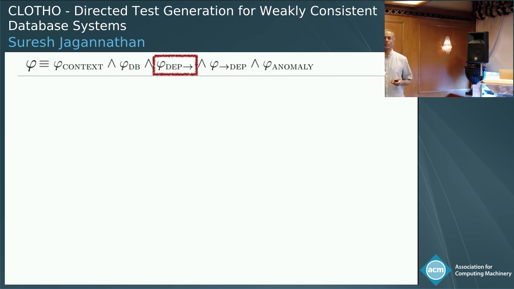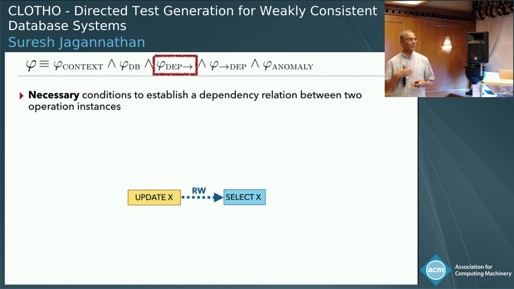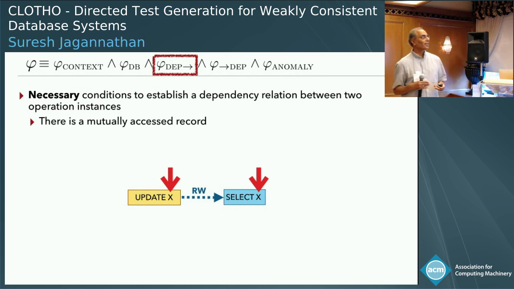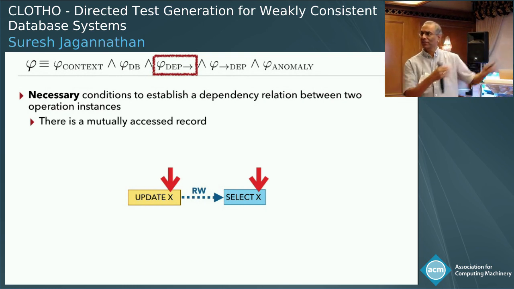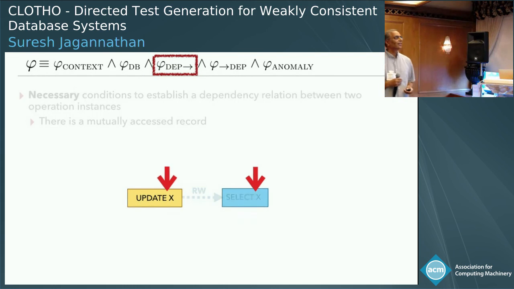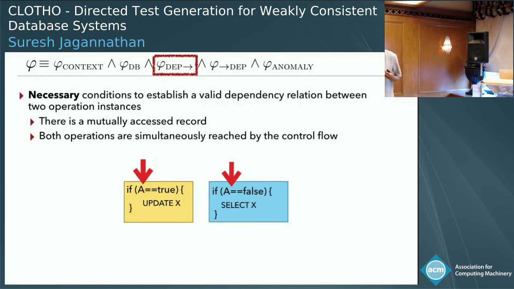And then we have other kinds of dependencies, right? We have necessary conditions that must hold between multiple operations. So for example, if I claim that the select doesn't see the update in this particular cartoon, we must have a context in which that's feasible.